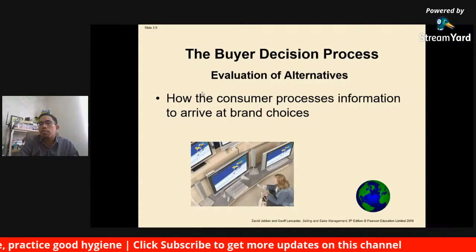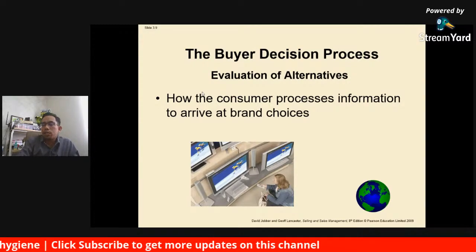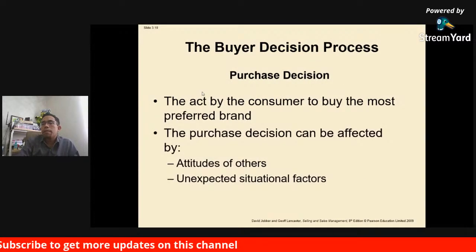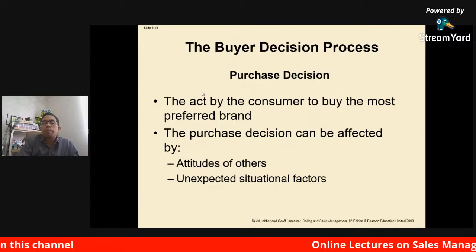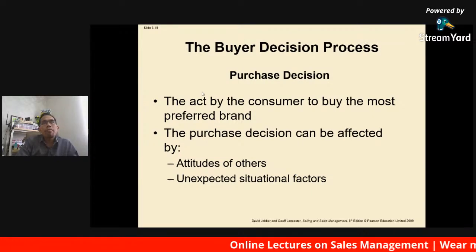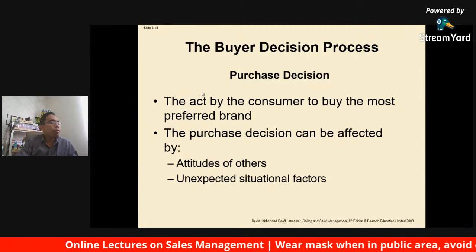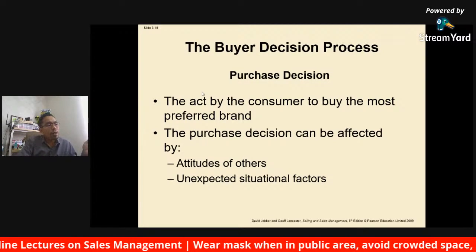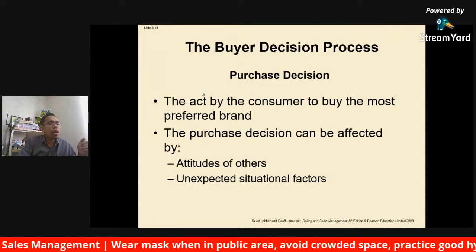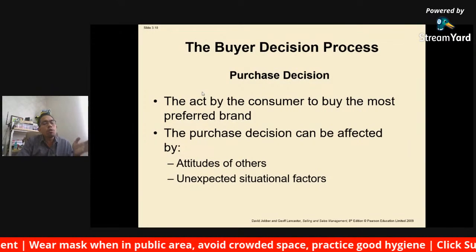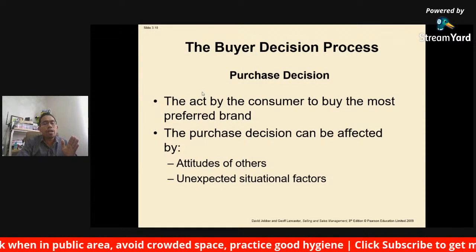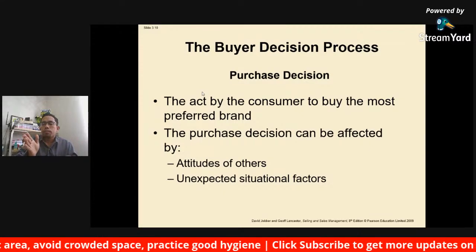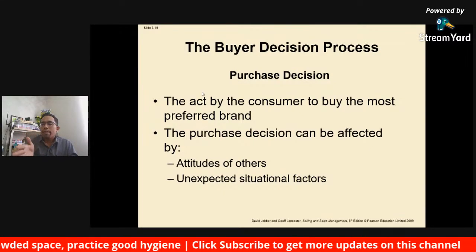So this is how the consumer processes information to arrive at brand choices. After that, the consumer acts to buy the most preferred brand. Sometimes we prefer everything. Choice number one, good. Choice number two, also good. Third, very good. Fourth, also better.